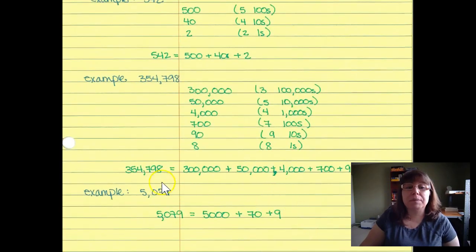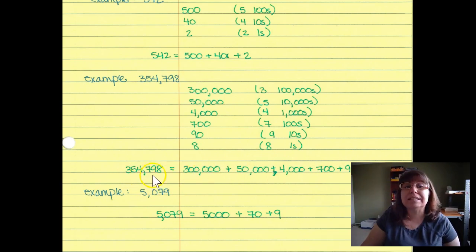If you add them up separately, 300,000 plus 50,000 plus 4,000 plus 700 plus 90 plus 8 will give us the number 354,798.